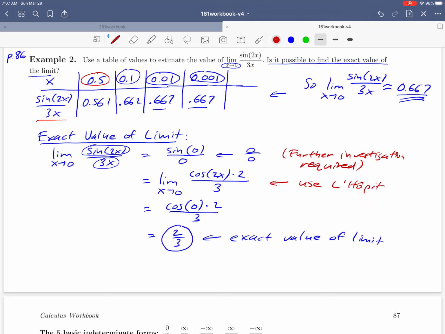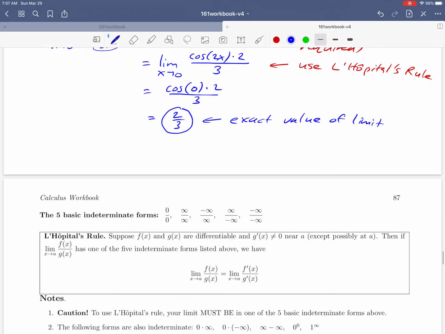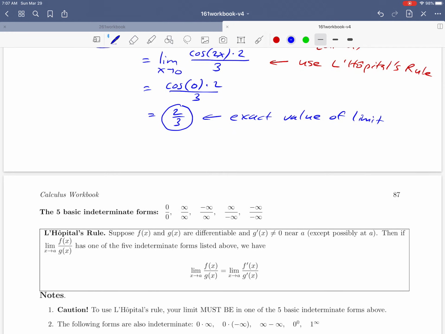Let's talk about this L'Hopital's rule. That's what we really used right here. We're going to describe that method in general on the next page, so let's scroll up here.